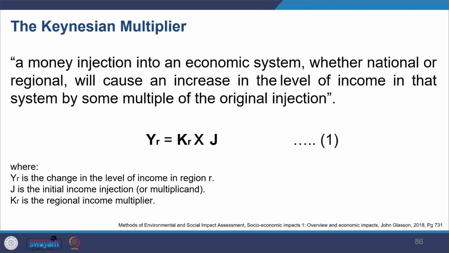You can see this in a simple formula, where YR is the change in the level of income in the region, and J is the initial income injection, so how much money you're investing through that particular project, and KR is the regional income multiplier. So what's its potential to multiply that? Based on that, it will calculate the change in the level of income in the region.